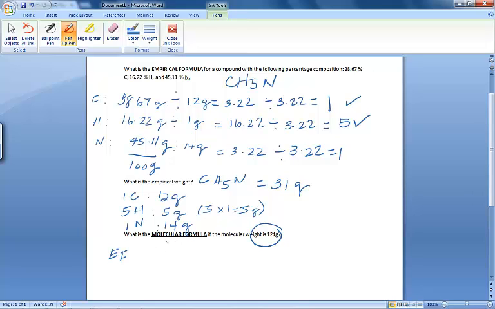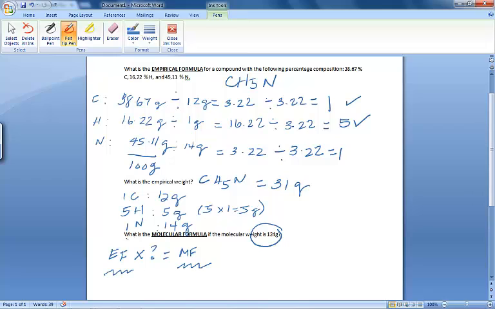The molecular formula is the multiple of the empirical. So if we multiply the empirical formula by something, we would get the molecular formula. By what factor should we multiply it? Remember, this is simply a simplified version, but just how simplified?